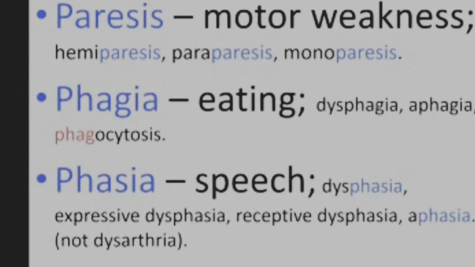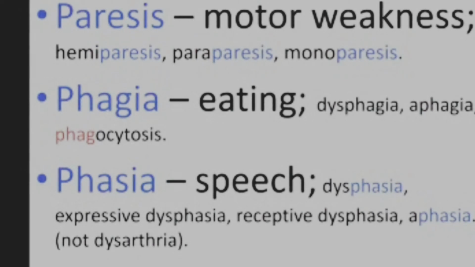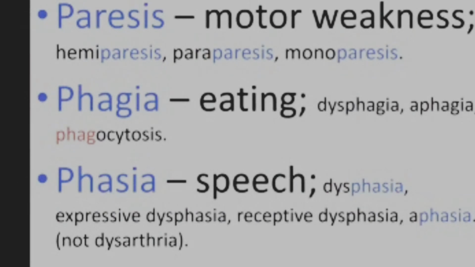So if it is phasia, this is called a speech problem, like dysphasia. Expressive dysphasia, receptive dysphasia. You have a problem uttering or expressing certain sounds from your vocal cords. You have speech impediments, and aphasia could be a total lack of speech utterances. It could be faulty, dysfunctional.